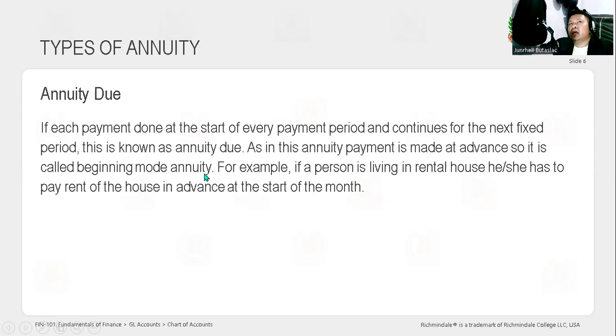For example, if a person is living in a rental house, he or she has to pay the rent in advance at the start of the month, right? So that is the meaning of annuity. If you have questions, you can comment in the comment section.